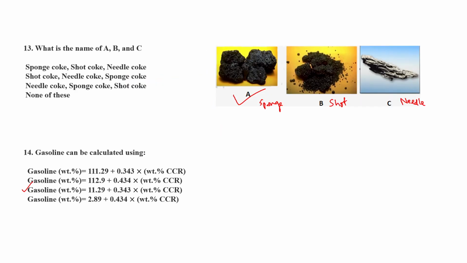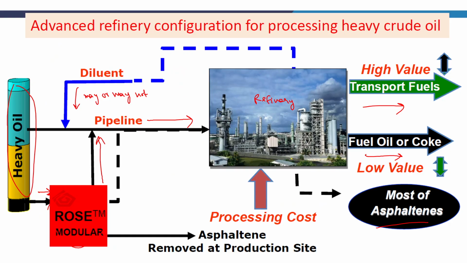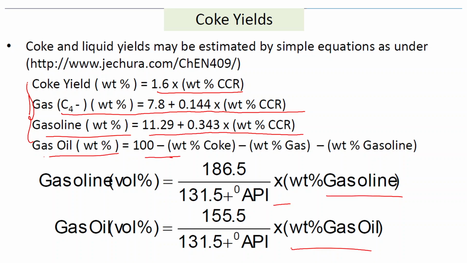So the correlation for coke yield was given here. The correlation is 1.6 into weight percent of CCR.